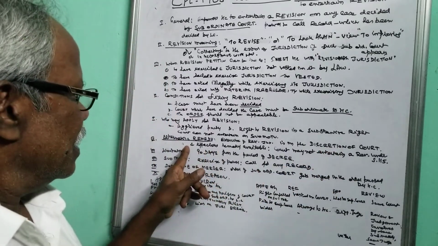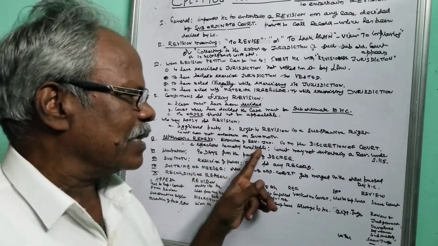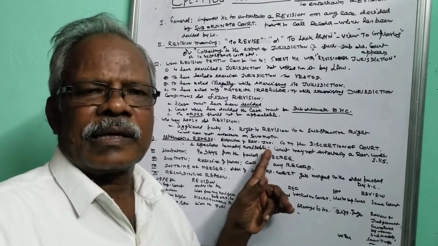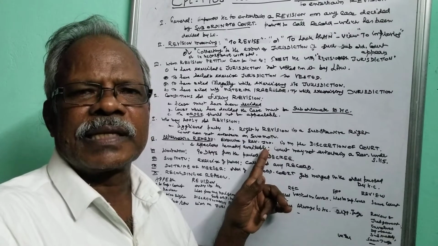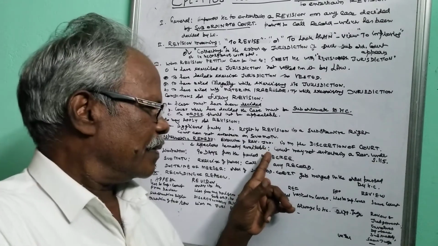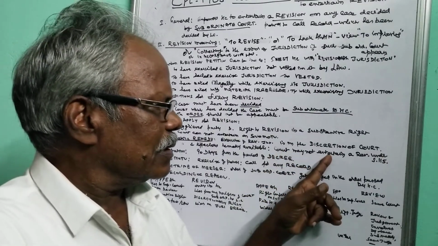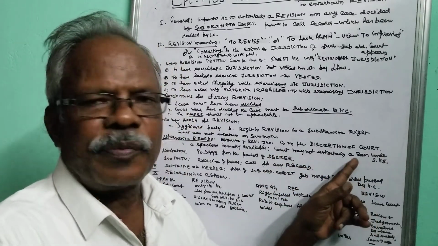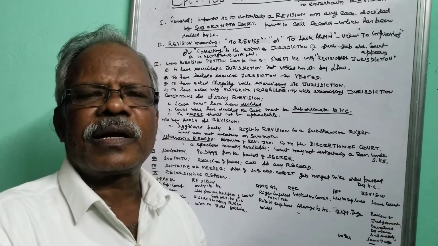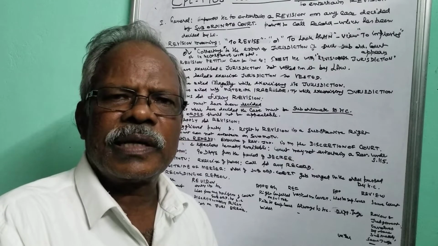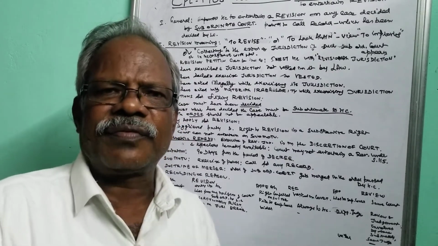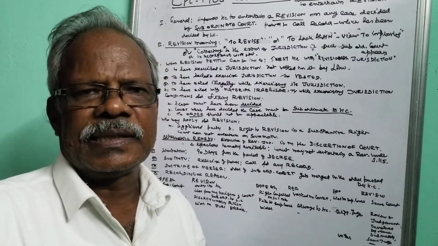When an efficacious, effective remedy is available, rather than this revision petition, it cannot take up the cases for revision. Court may not entertain the revision petition under section 115. So section 115 gives wide power only for jurisdictional failure, in the exercise of jurisdictional matters.